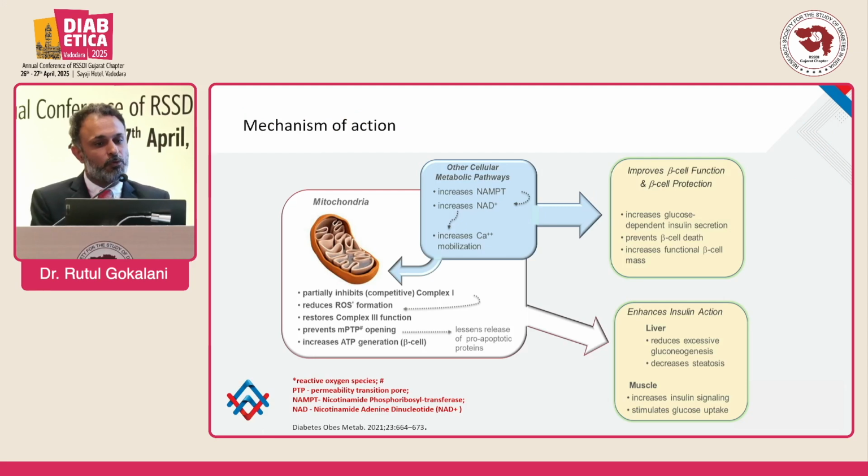Now we'll go to the mechanism of action. At the level of mitochondria, it increases NAMPT and NAD. We don't need to go too deep, but it increases calcium mobilization in the pancreas at the mitochondrial level.